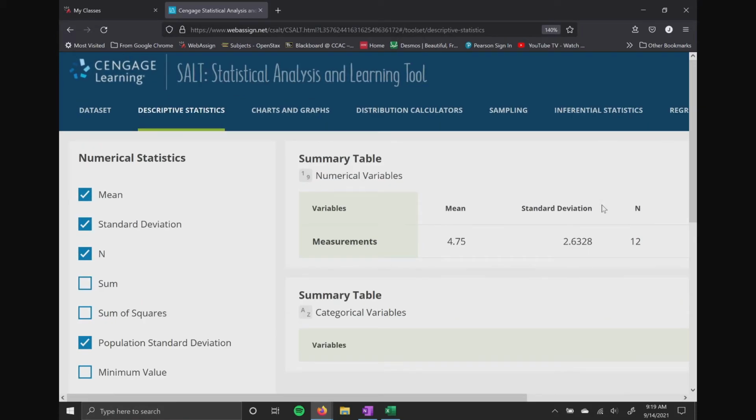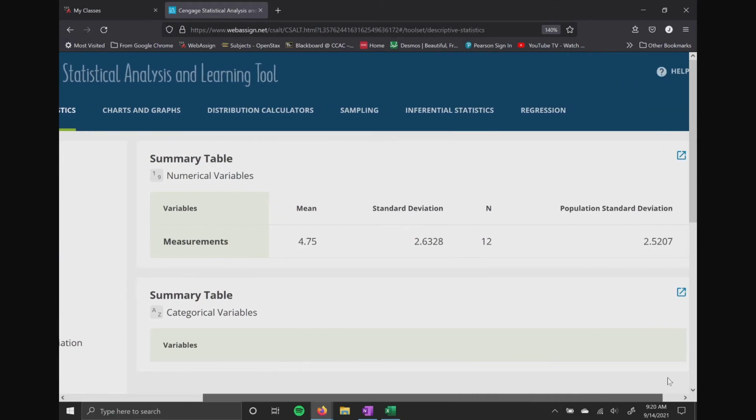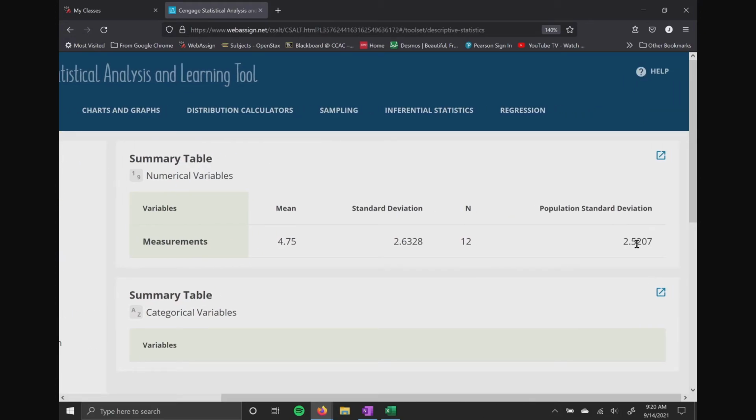So I'm going to zoom in here a little bit. Let me scroll over. And that is 2.5207. So you can see how the sample standard deviation is different from the population standard deviation, okay? The larger your sample size gets, the closer in value those two numbers will become, all right?